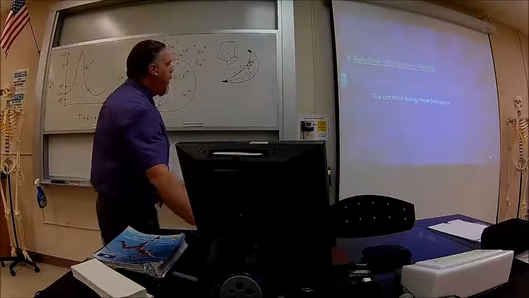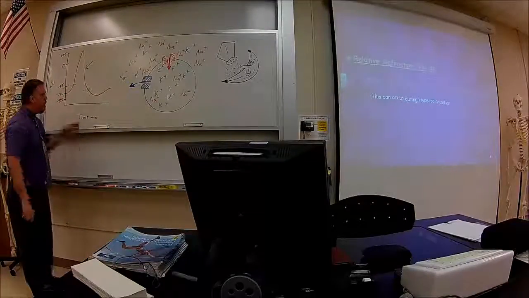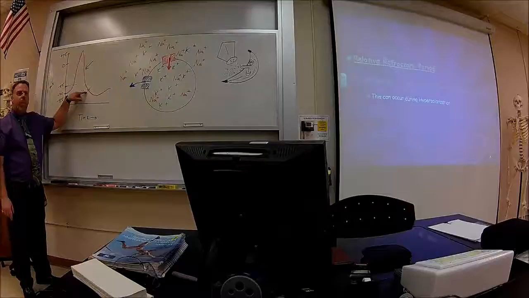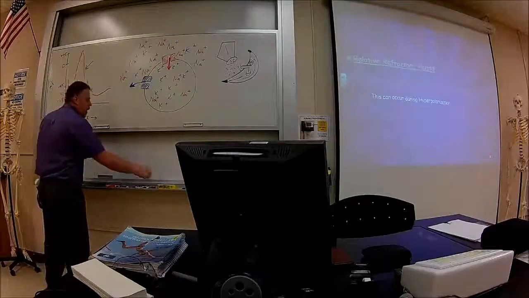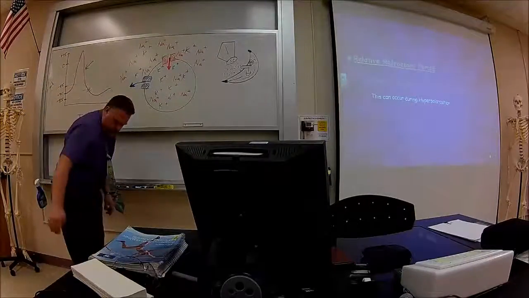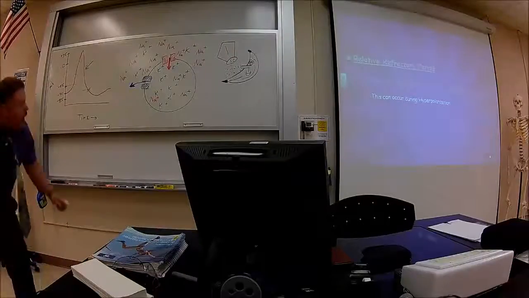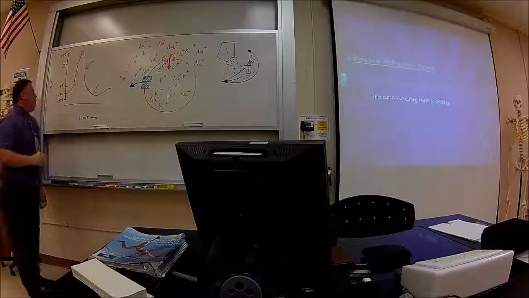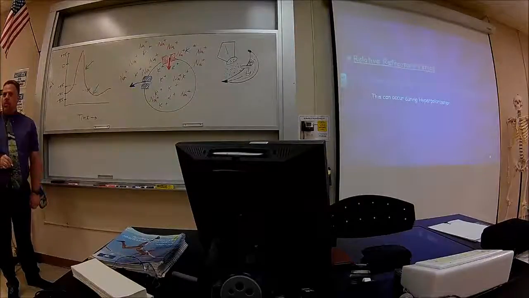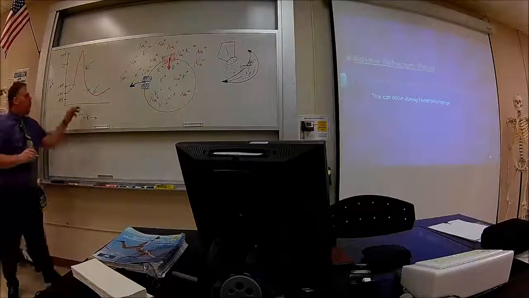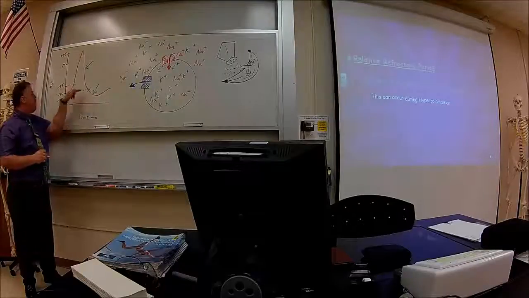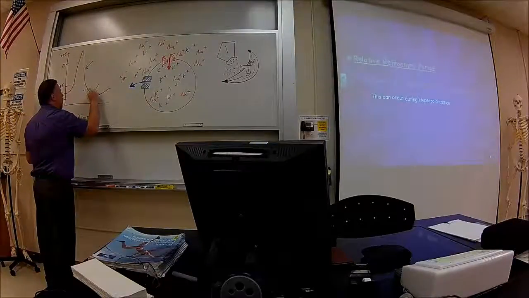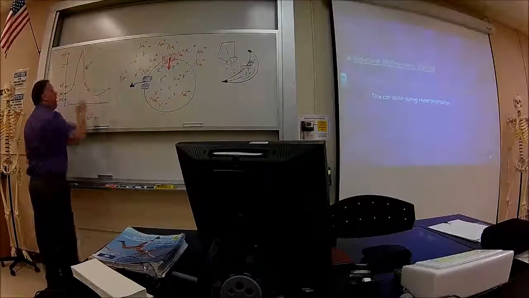A relative refractory period is where we can actually do it, if the stimulus is strong enough. If we stimulate the cell here at, let's say, negative 80, we have to get it to negative 55, and then it'll fire again.